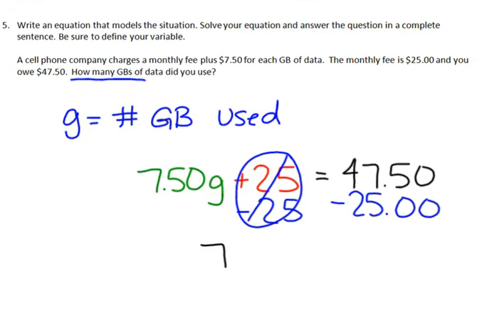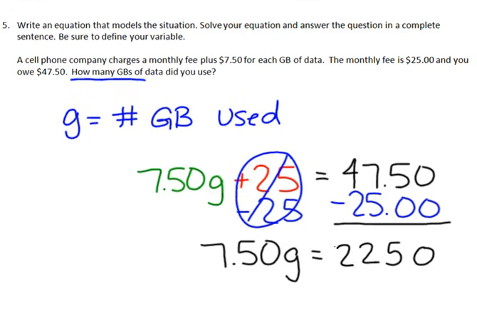So we'll get $7.50 times G equals $22.50. And then the last step would be to divide by $7.50 on each side.